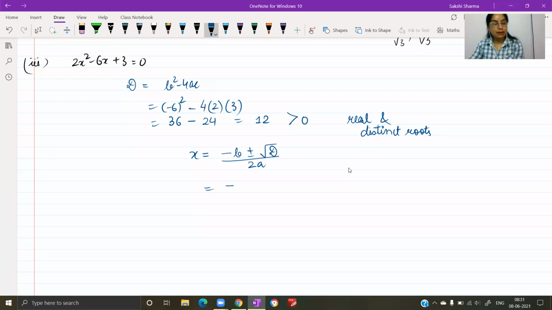Minus sign has come, tell me the value of b. Ma'am, b's value is minus 6. Okay, plus minus, we have already found out the discriminant, that is 12. Yes, ma'am, square root of 12 in the denominator. Ma'am, I think that the answer will be 3 plus minus under root 3 by 2. Can you tell me what's the value in the denominator here?